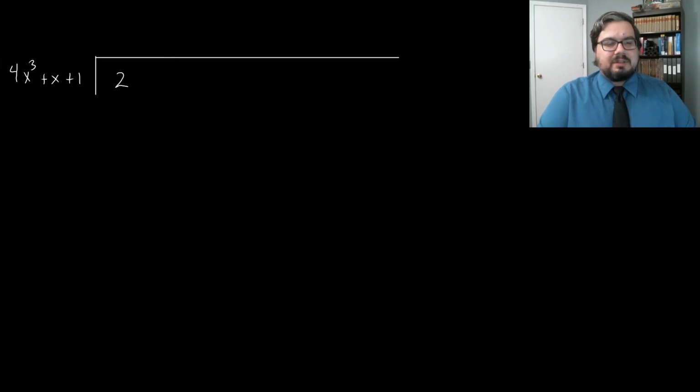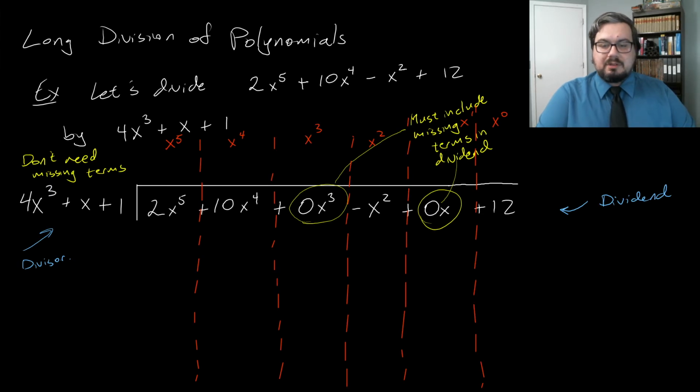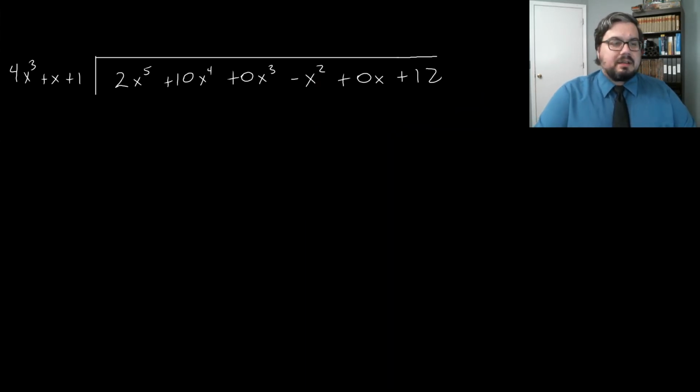We have our dividend 2x to the fifth plus 10x to the fourth plus 0x cubed minus x squared plus 0x plus 12. Just going to double check real quick, make sure I didn't miss any of those. All right, and then we're going to have our columns. I'm going to draw them a little bit lighter this time.